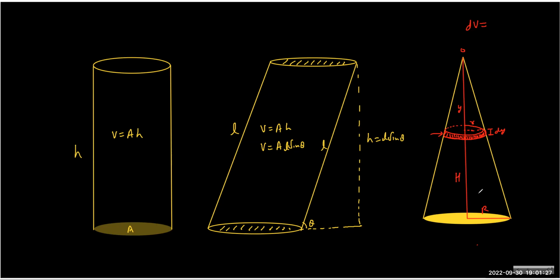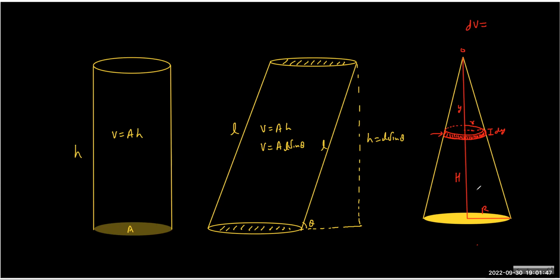So how to find the volume of a thin cylinder? For a thin cylinder, the area will be constant. Yes or no? So can we approximate that? This is such a thin cylinder that the area is not changing by any significant value.